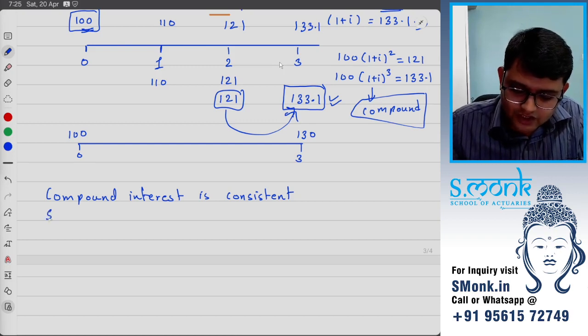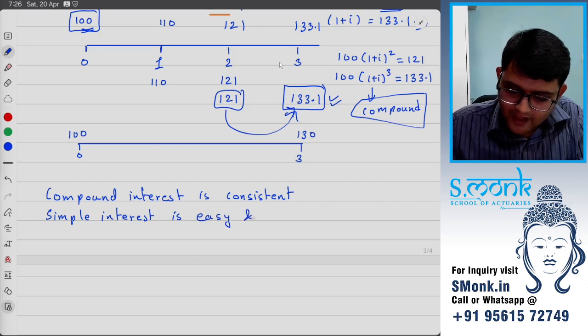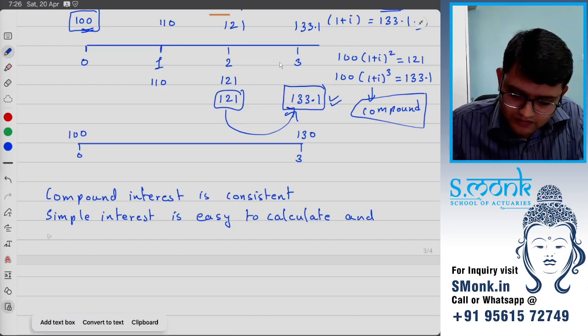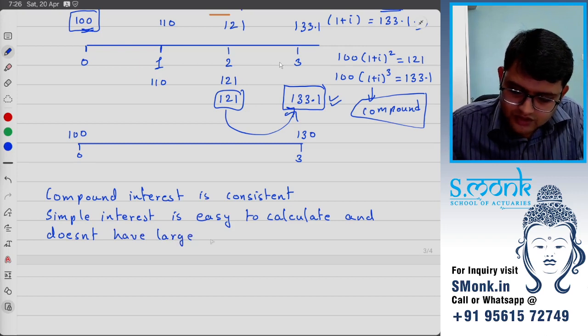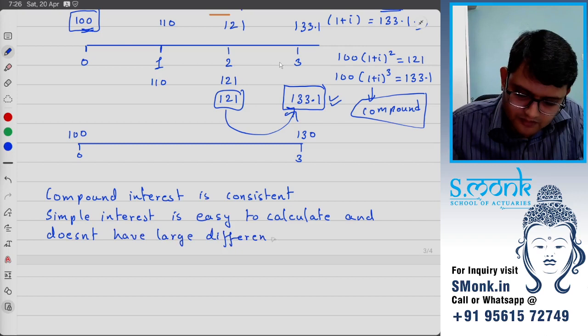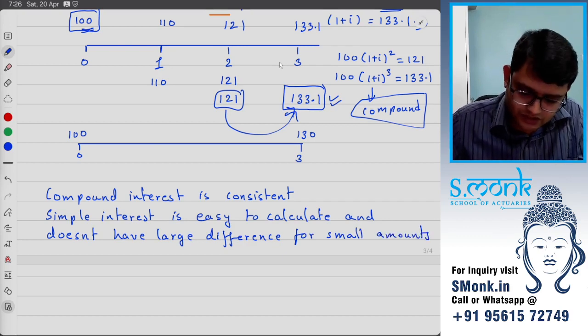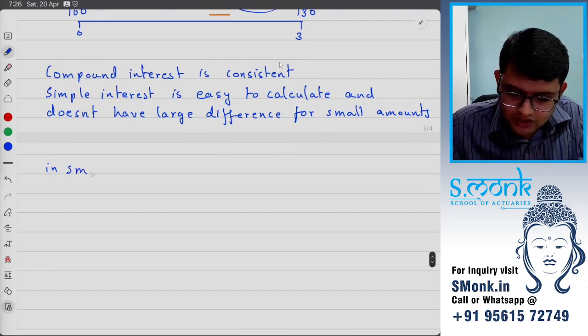Okay. And we use simple interest because simple interest is easy, easy to calculate, and does not have a large difference for small amounts in small time periods.